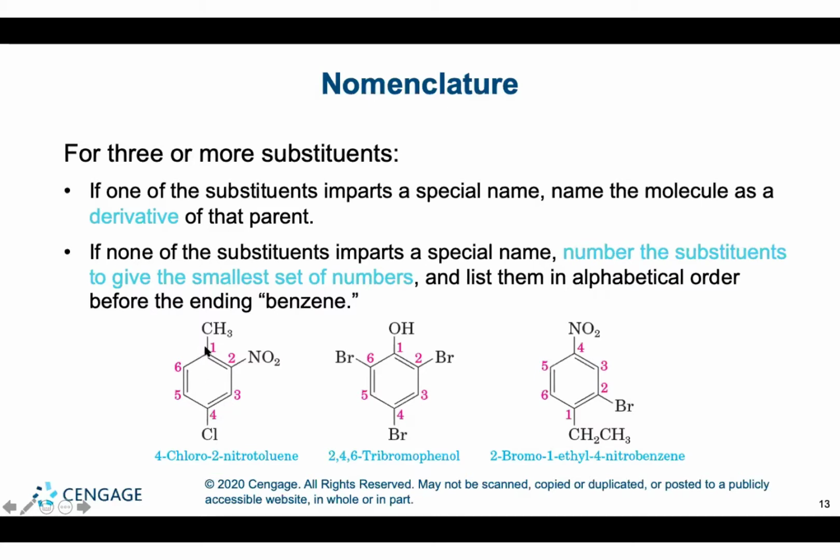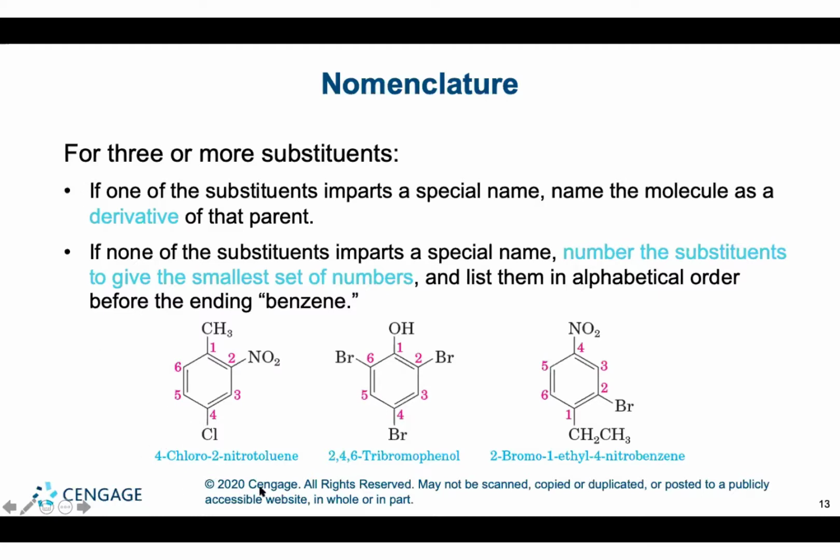So I go from the right side, 1, 2, 3, 4. Pay attention, guys. I'm not going to go 1, 2, 3, 4, 5, 6 because my branches don't get lower numbers. So it's going to be 1, 2, 3, 4. So the name would be, guess what? 4-chloro.